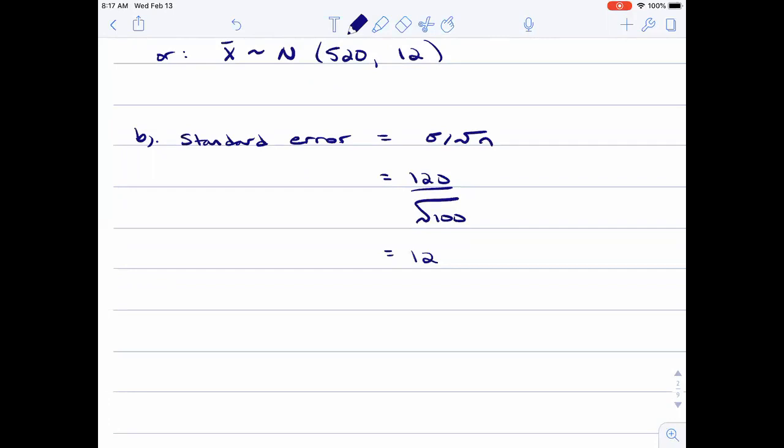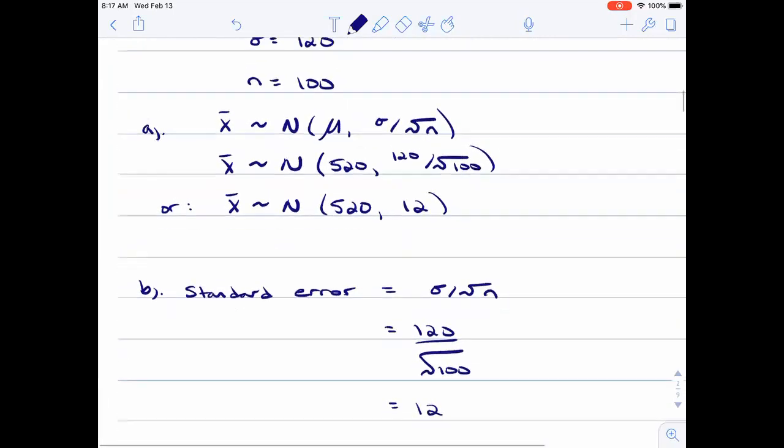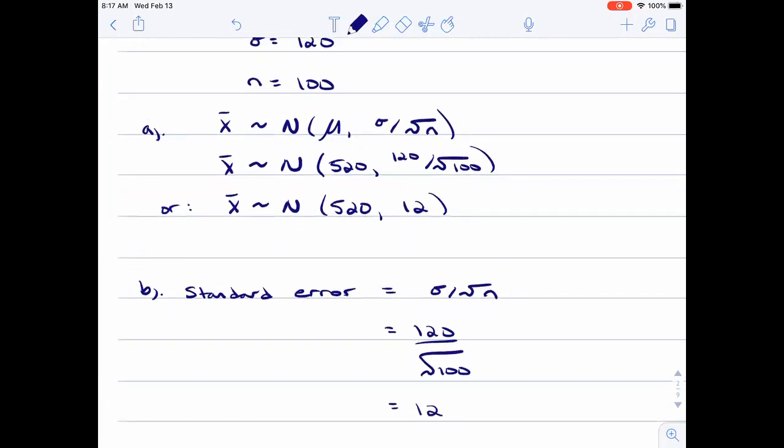So just showing that link, that this 12 is now the standard error. But if you want to, the standard error is just the standard deviation of the mean. Right? And so it gets a little confusing.